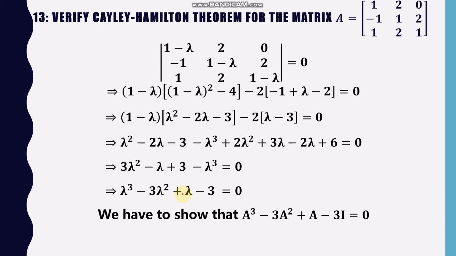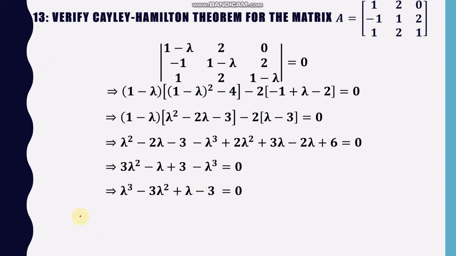But before that, I want to discuss a shortcut way for a 3 by 3 matrix, to find out the characteristic equation of a 3 by 3 matrix. So let's have a look at the shortcut way.